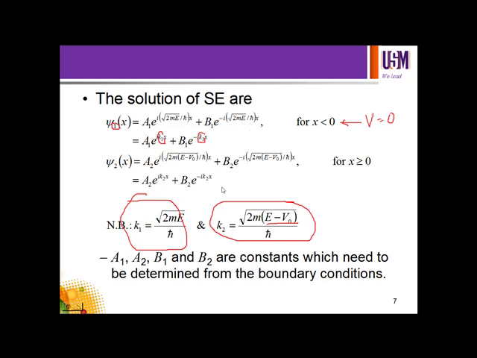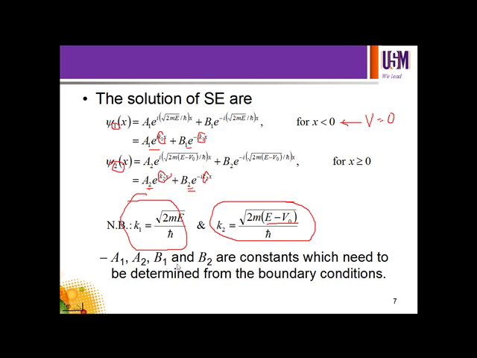The same thing for psi 2. This is in region 2, to the right of the potential wall. You have this for x greater than or equal to 0, and it reduces to this in terms of k, but now we have k2. That means in region 2. The subscript 2 means region 2 to the right of the wall, and subscript 1 indicates to the left of the potential wall.